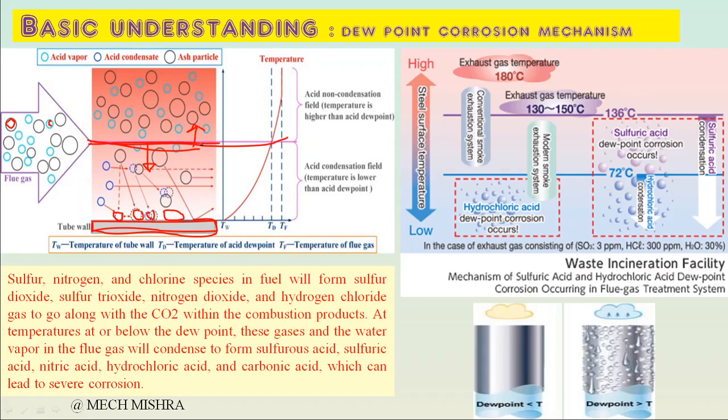This dew point mechanism always occurs in vapor or gaseous streams, because only then will condensation happen. A liquid stream is already liquid, so there is no question of dew point corrosion. Sometimes we call it flue gas dew point corrosion. Now see this one, this is an example of a waste incinerator facility.